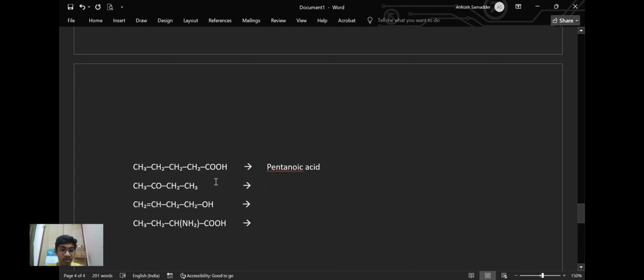As you can see, only one functional group is there, that is ketone.